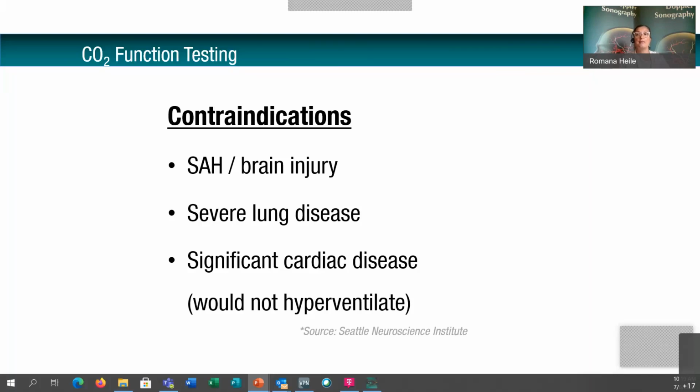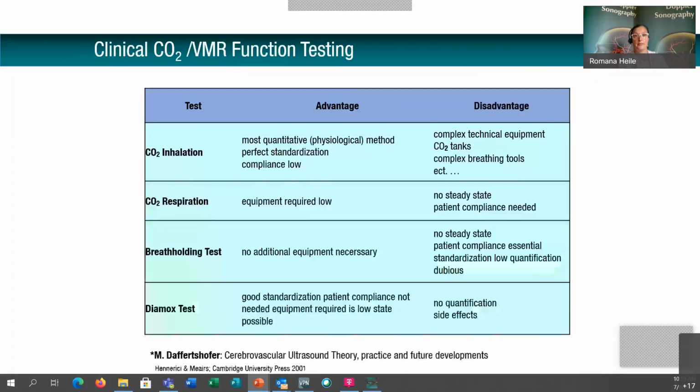So it's always important that the user, the doctor who wants to do the test, carefully looks at the patient's history to see which of the test procedures can be used to look for the reserve capacity. Here I have a table with the most used ones, the ones that became more or less standards.